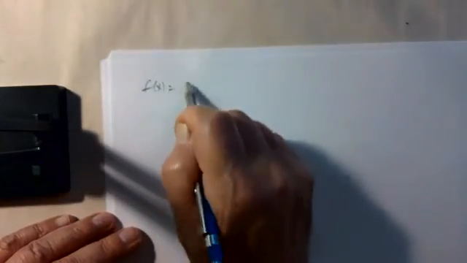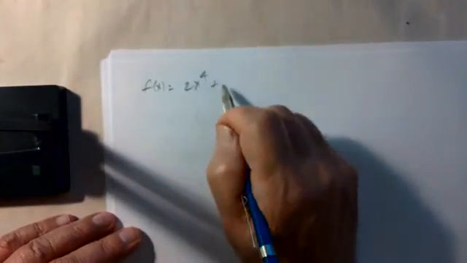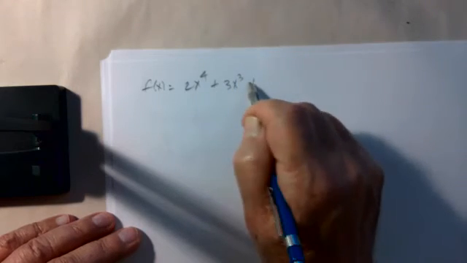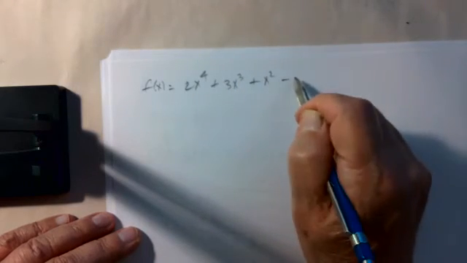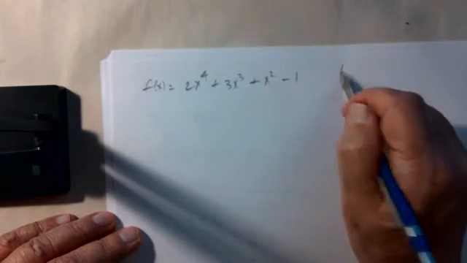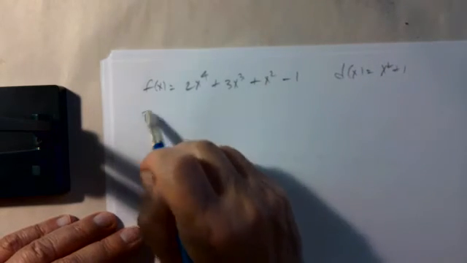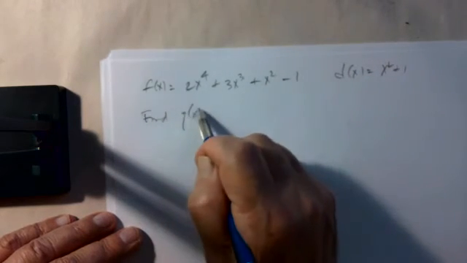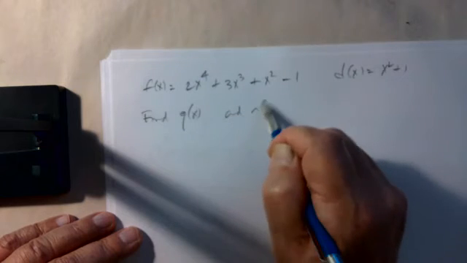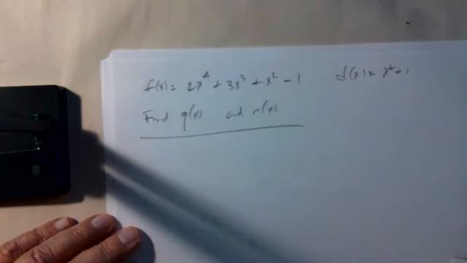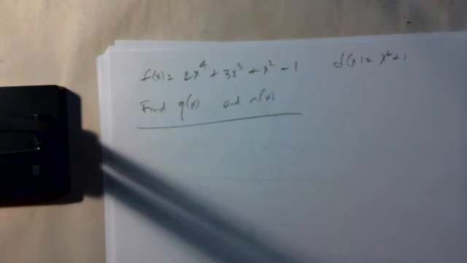Suppose f of x is 2x to the fourth plus 3x cubed plus x squared minus 1, and you're going to divide it by x squared plus 1. Find the quotient and the remainder. So spend a minute doing that.